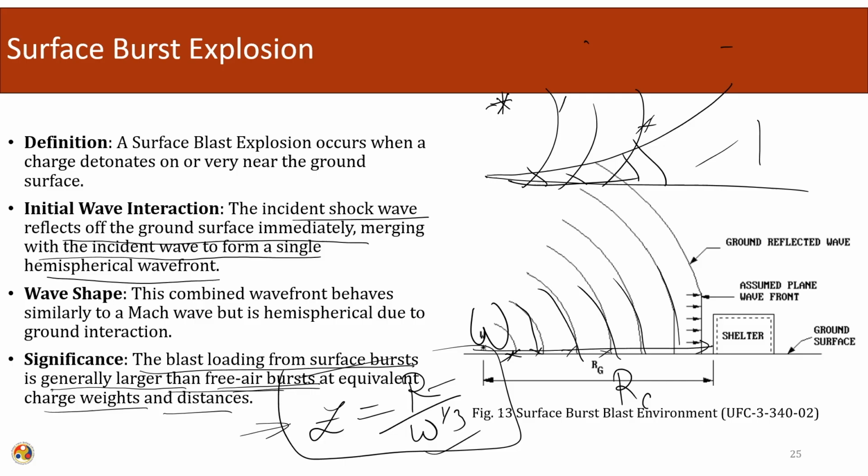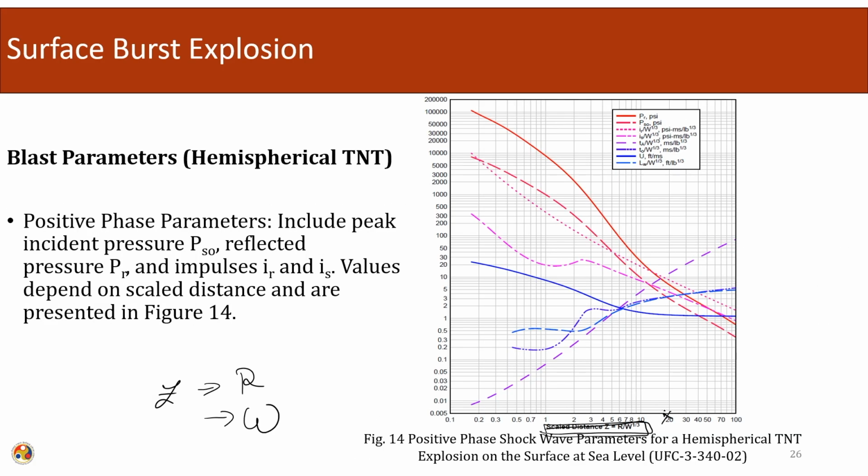Using these two numbers, we can get our x axis, and from the x axis we will get all the required quantities from the y axis: the reflected pressure, the incident pressure, impulse positive, impulse negative, time period positive, time period negative. We can calculate all the required quantities using these empirical charts.